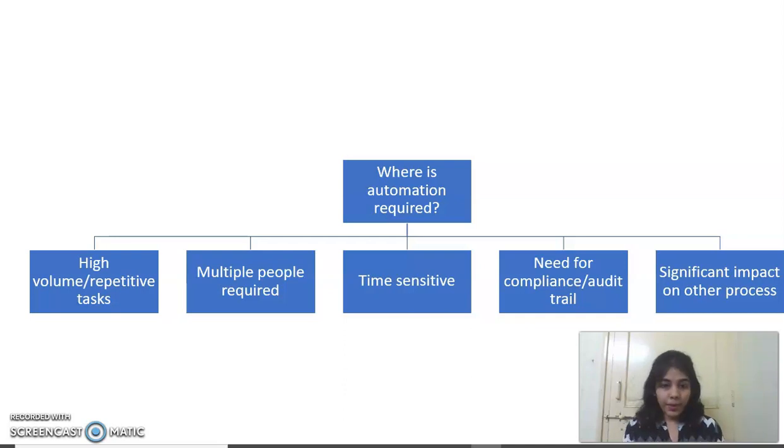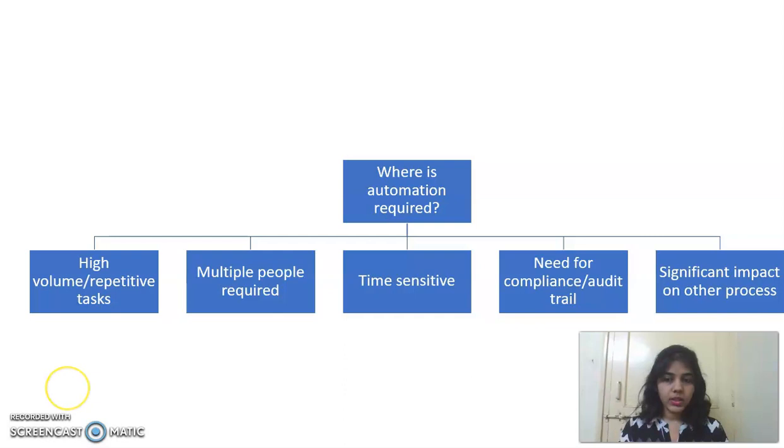All right, coming back, so where exactly is this automation required? So let's take an example to understand if we ourselves will try to determine if that particular process needs to be automated or not. So in my company, assuming I've started my own company, currently there are about 1,000 employees.